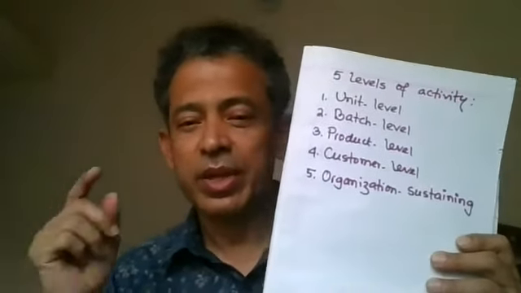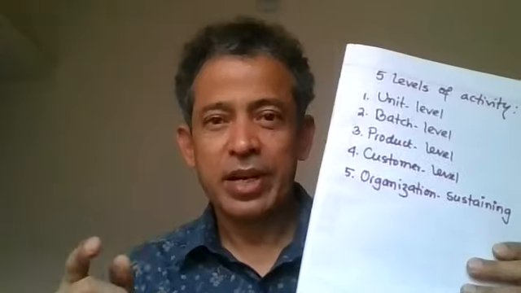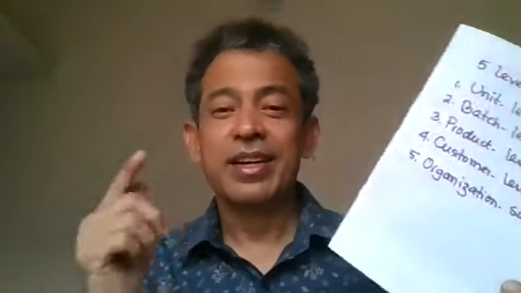So again, starting with the units, unit level, like a unit is, let's say, one of our students. And then the batch, your class, 16 people, 25 people, 30 people, or 300, depending on the class size.